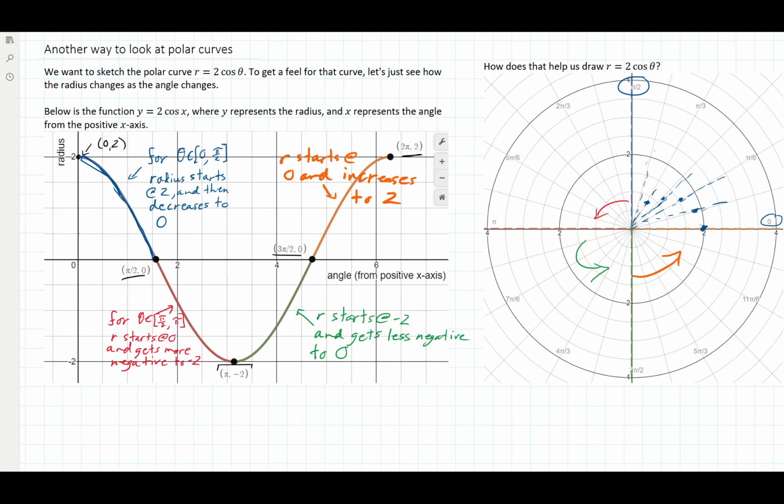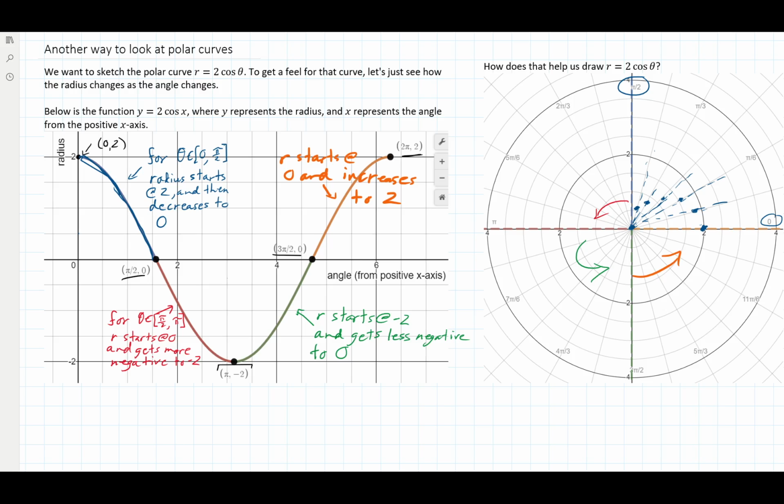Let's see, this would be between pi/3 and pi/2, which would be, I can't do maths right here. I think this would be 4, no wait. Whatever this angle is, that's not the point of this video here. A little bit shorter, and then eventually, at pi/2, our radius is actually 0.